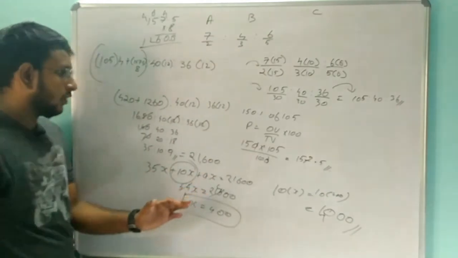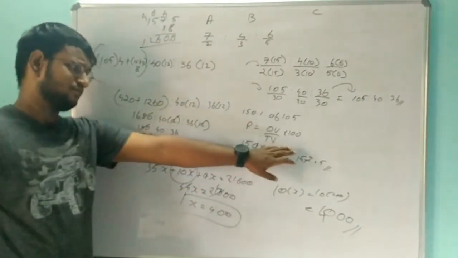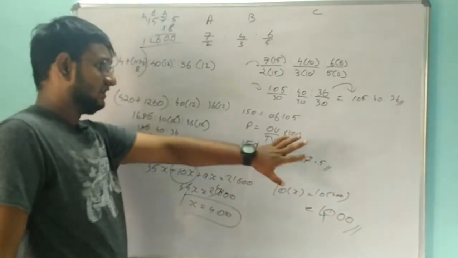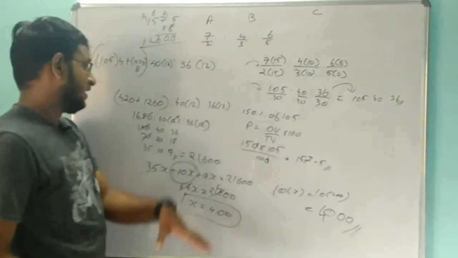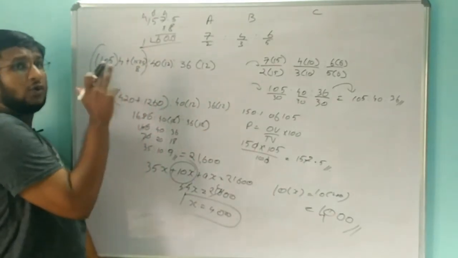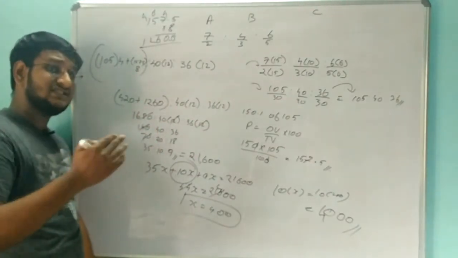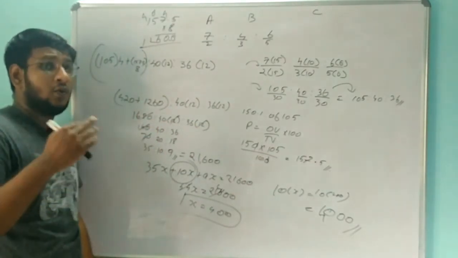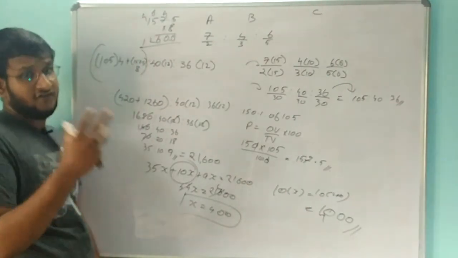In this problem, we need to keep in mind the percentage. What is the percentage formula? That is obtained value by total value. That is an important thing. Another important thing is this area. We have to take 105 only for the first 4 months. After 4 months, he is increasing his value to 157.5 share.